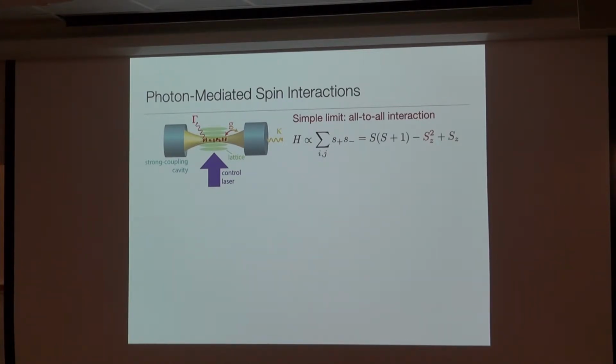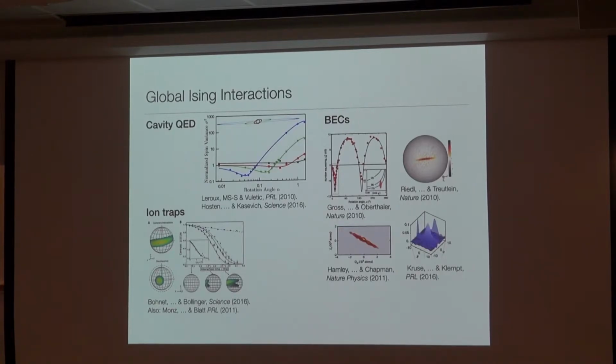So in some simple limit, it might even not matter whether the form of interaction is S plus, S minus, or SZ, SZ. Okay, so this is a model that's well studied. It gives rise to a so-called twisting dynamics. This should say SZ, I apologize. It's well studied because it gives rise to squeezed spin states. These types of interactions we've previously realized in cavity QED systems.